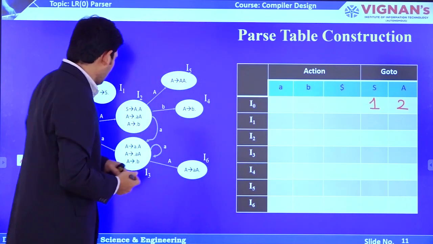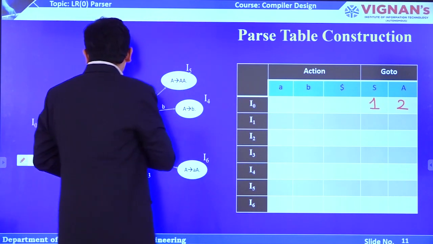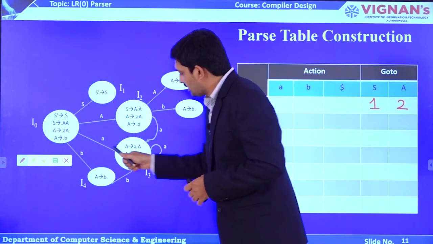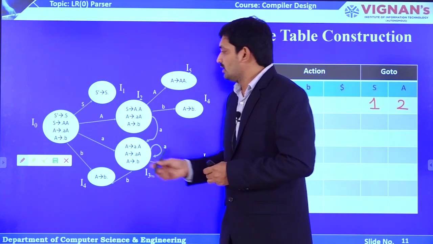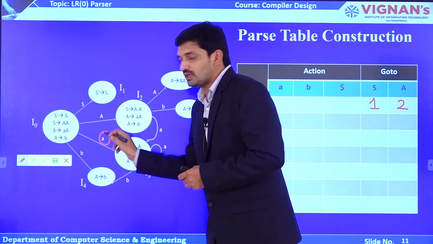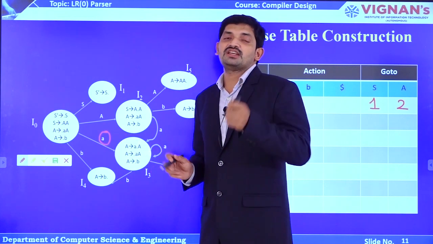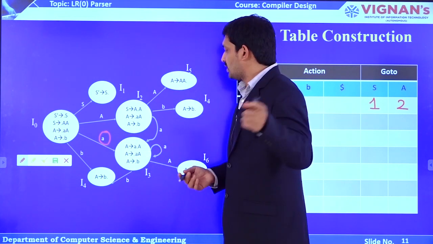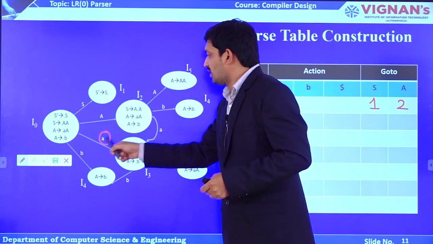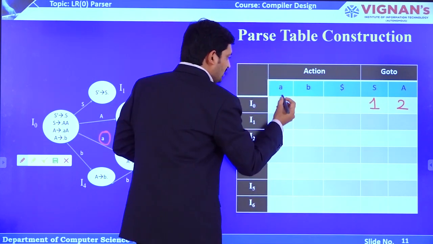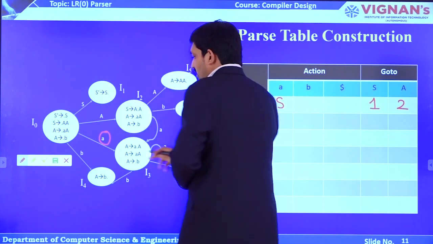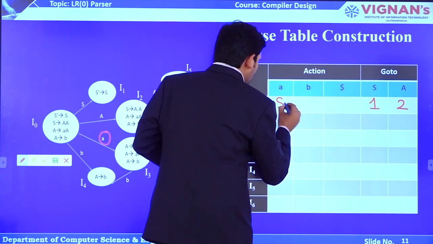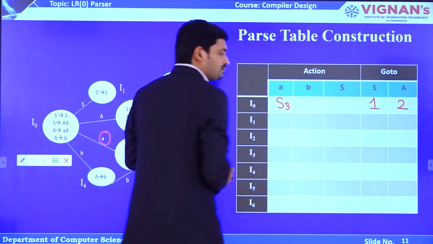Clear? Then come to the next one. From I naught on small a, I move to state number I3, but this depends upon a terminal, so this indicates a shift operation. So from I naught on a, I have to write shift, and I move to state 3, so I have to write S3.